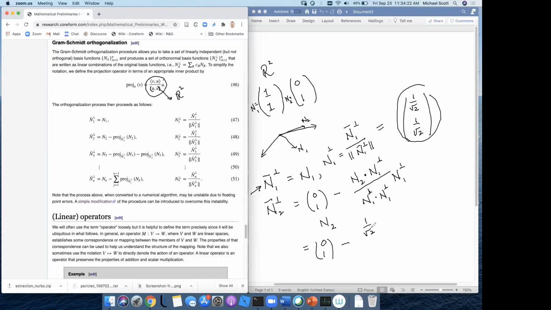Dr. Scott, I'm not following now. I was looking at your notation on the left. You still have an N1 bar orthogonal in the projection, yet you've written it as the end product on the far right. They're equivalent to each other.